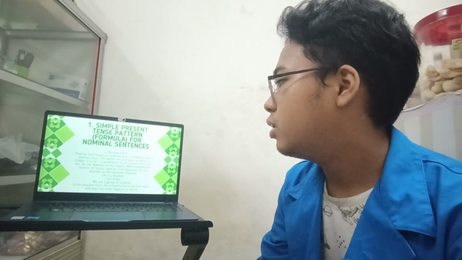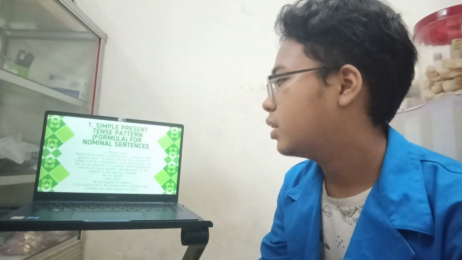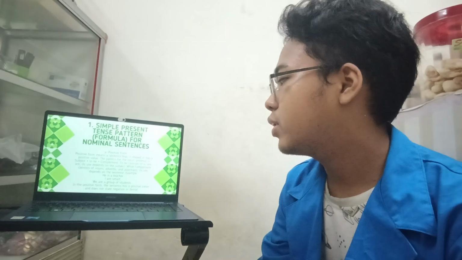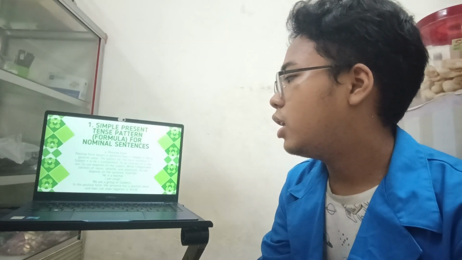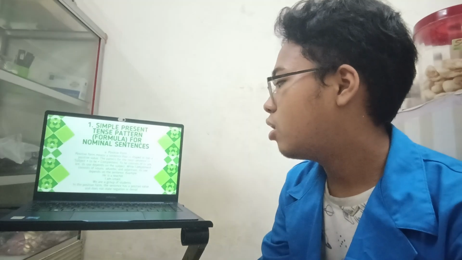The complement consists of nouns, adverbs, and adjectives. Its use depends on the sentence. For example, he is a teacher. I am smart. We are a group of students. In the positive form, the sentence has positive value and does not state negation or denial.